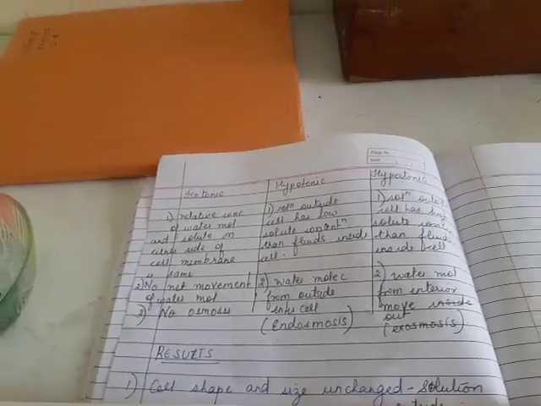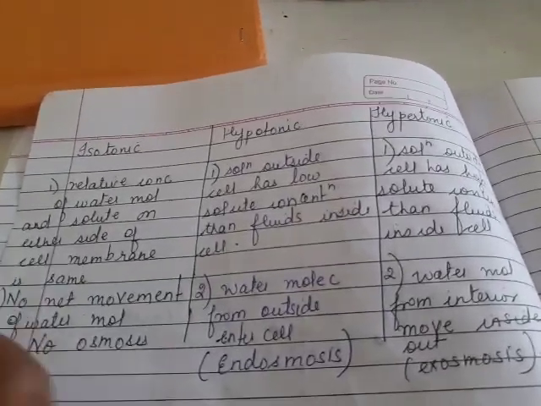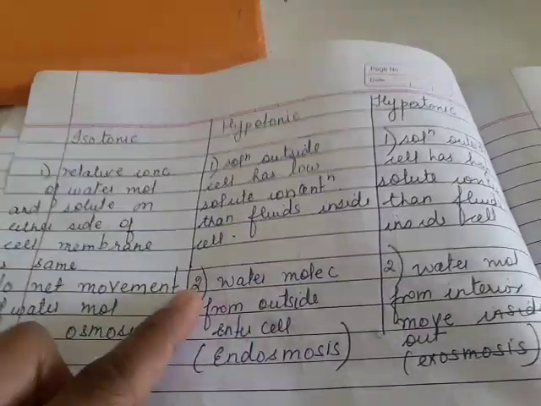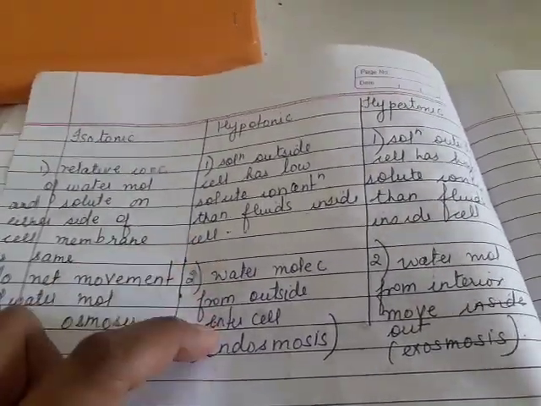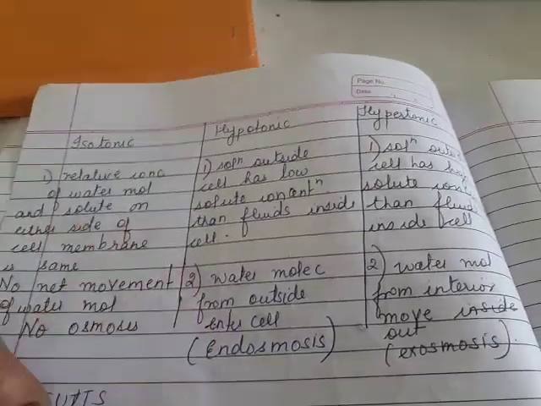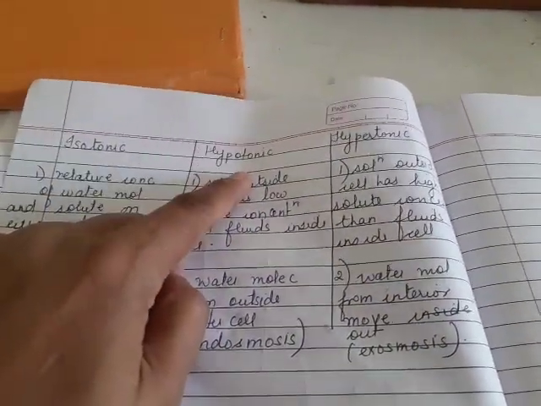Low solute concentration means more number of water molecules, right? So where will it go now? Directly inside the cell. So molecules from outside will enter the cell. That's why endoosmosis. They are swollen. That's called a hypotonic solution.